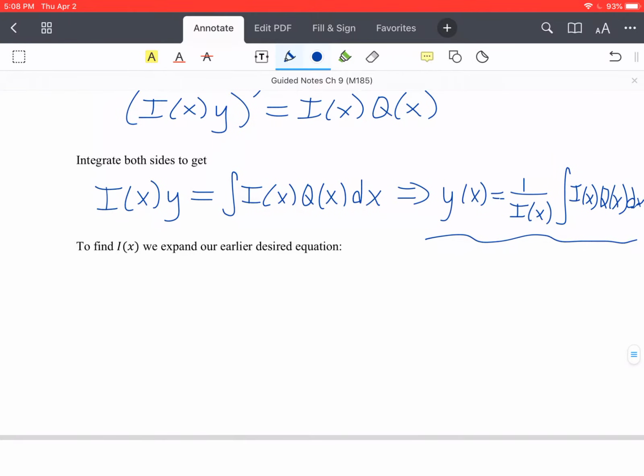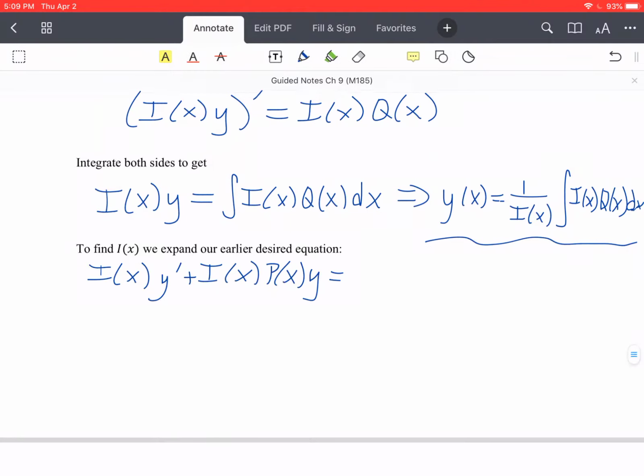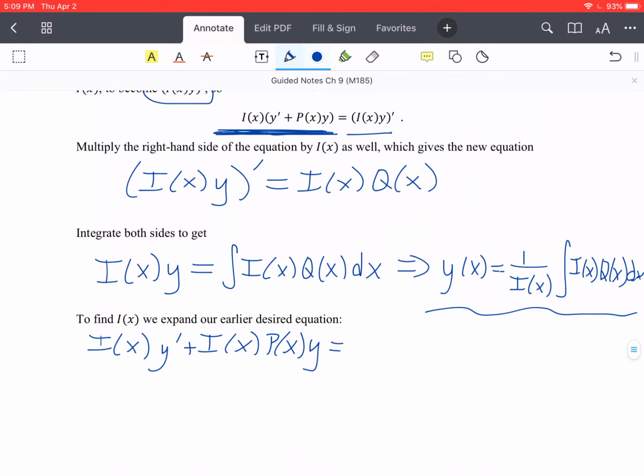So that's going to give us I of x times y prime plus I of x times p of x times y equals, now on the right-hand side, we look back up here, this is the derivative of a function of x times a function of x, so we are going to be using the product rule here. So this is going to be I prime of x times y plus I of x times y prime.